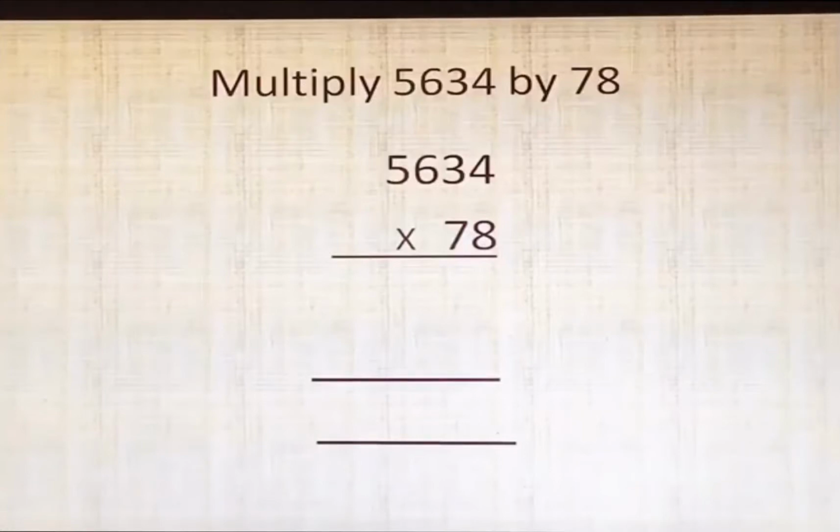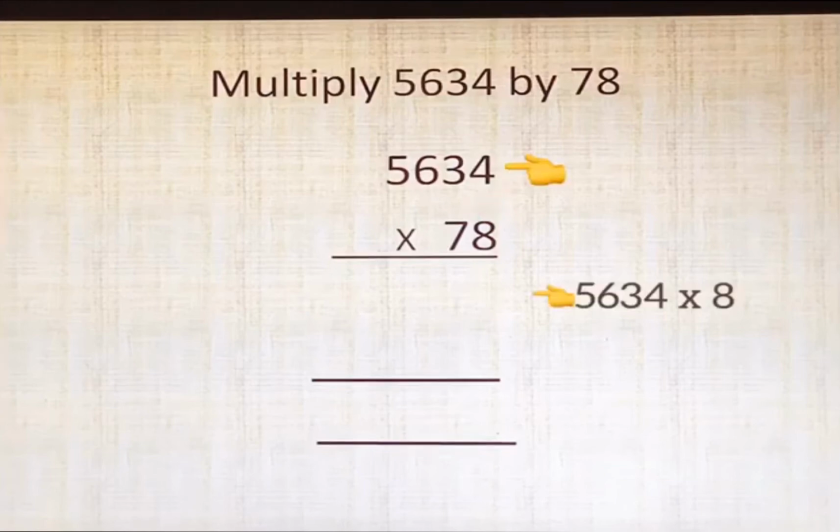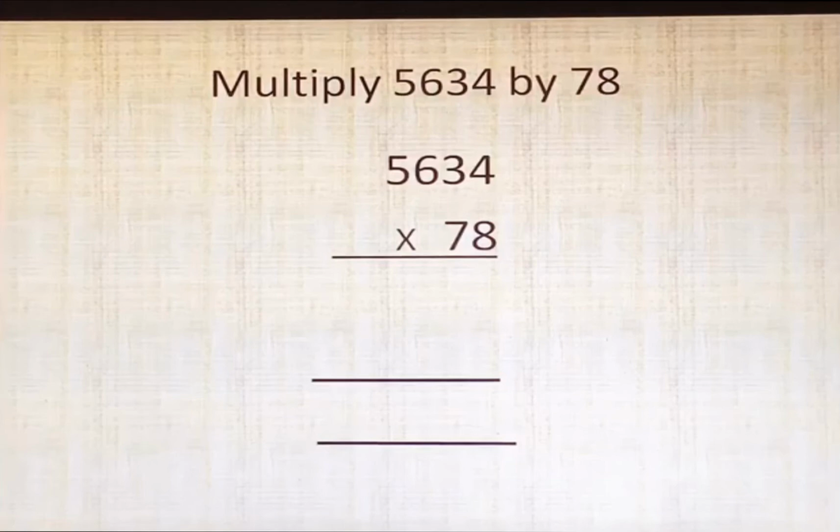Let's do multiplication. Here we have the number 5634 and we are multiplying it by 78. So first of all we will multiply 8 by 4. So 8 4s are 32, 2 we will write down and 3 will take as a carryover, it will go on the top.